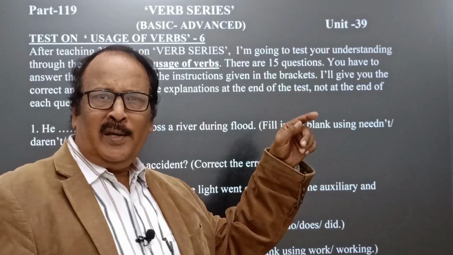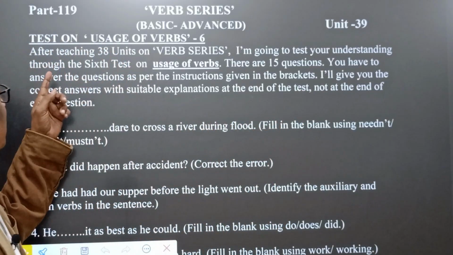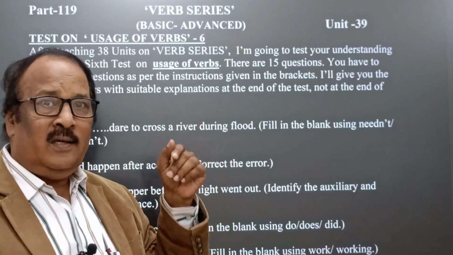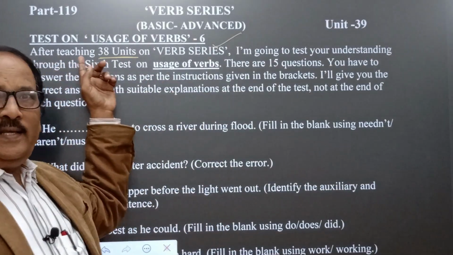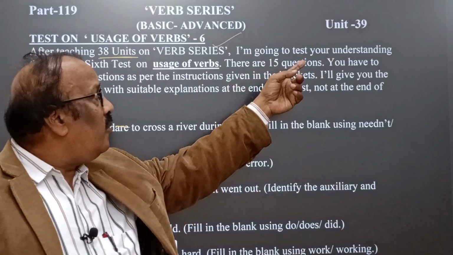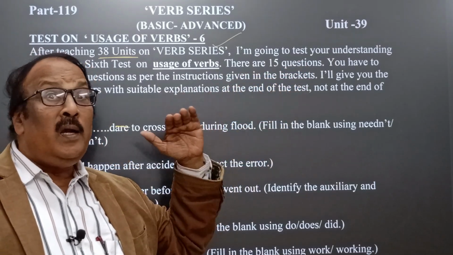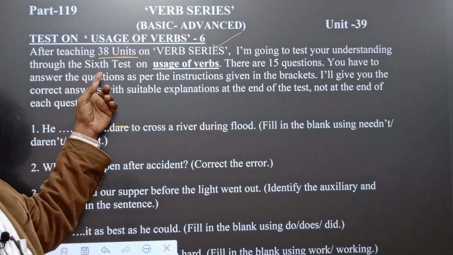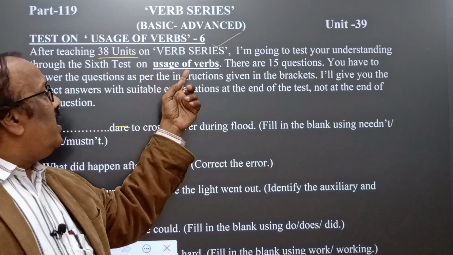Unit 39 is also based on the test on usage of verbs. Let's see how. After teaching 38 units on the verb series, I am going to test your understanding, it means the level of your comprehension, through the 6th test on usage of verbs.